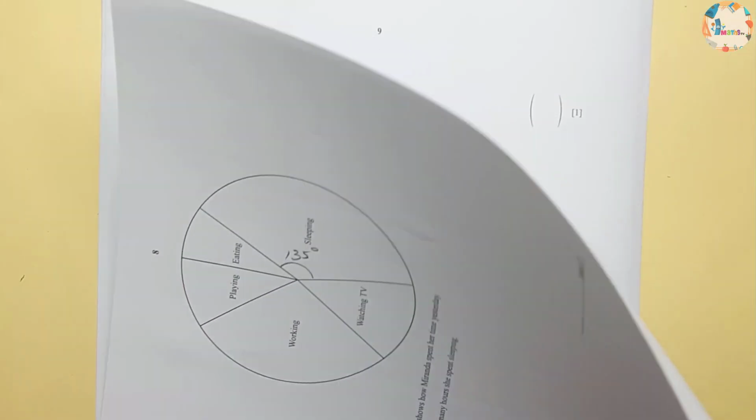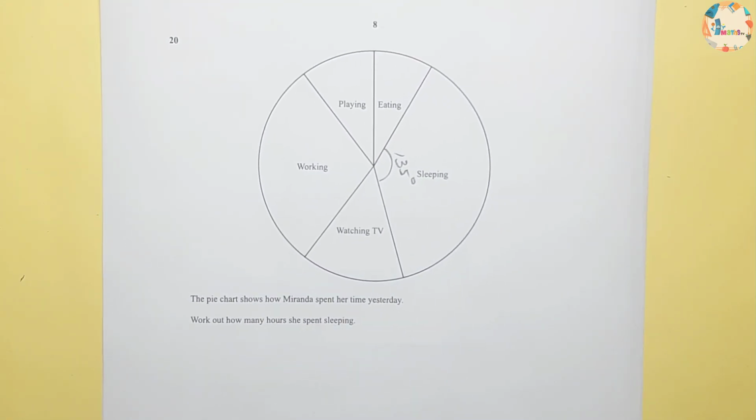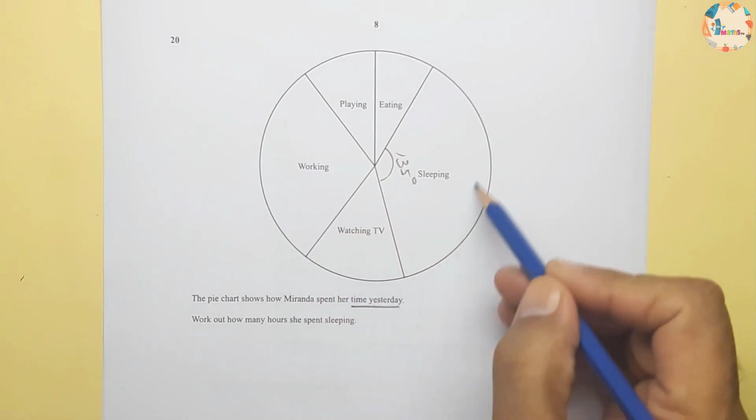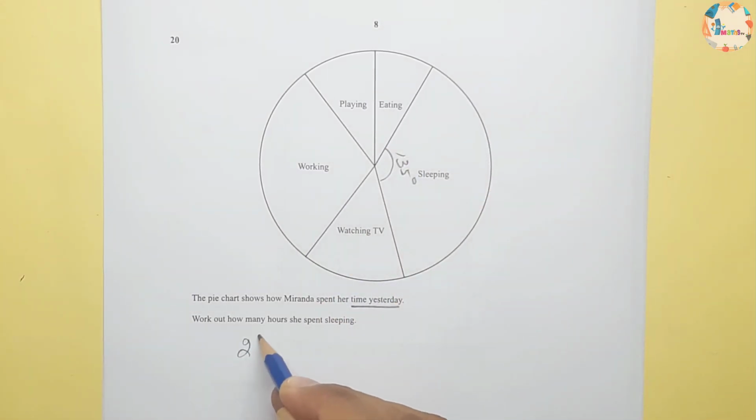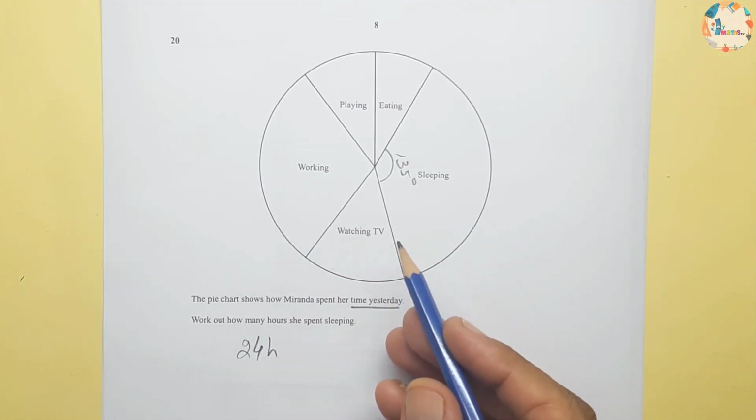So this measurement is 135 degrees. So we will be calculating this. 24 hours, basically this is yesterday, a 1 day pie chart. So 24 hours of time is represented by this pie chart.